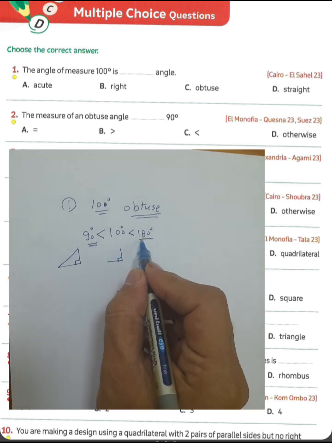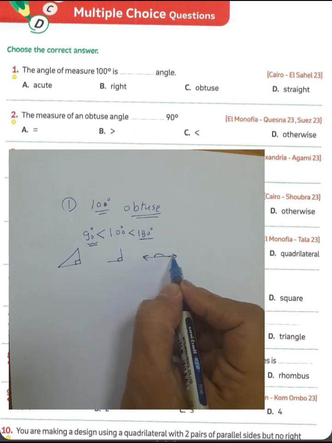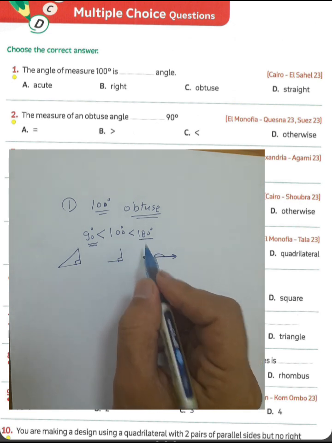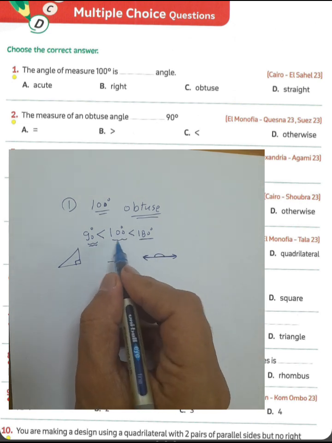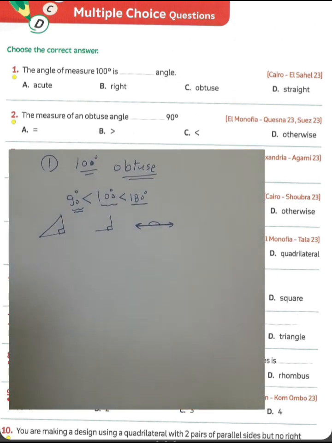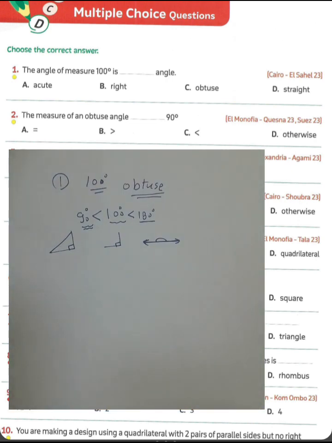And 180 is a straight line; this we call a straight angle. The measure of a straight angle is 180, and 100 degrees we call an obtuse angle because the measure is greater than 90 degrees and less than 180.